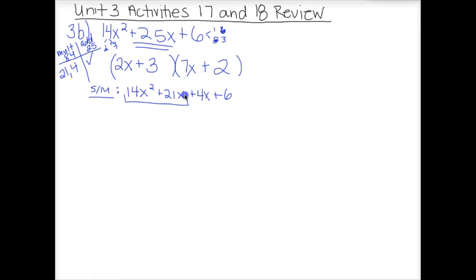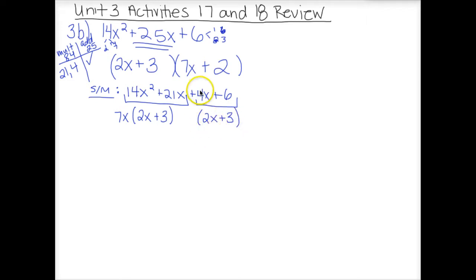So group the first 2, group the second 2. GCF of the first group here is 7x, which leaves me with 2x plus 3. I know in factoring by grouping that my second parenthesis also has to be 2x plus 3. So I can work backward.